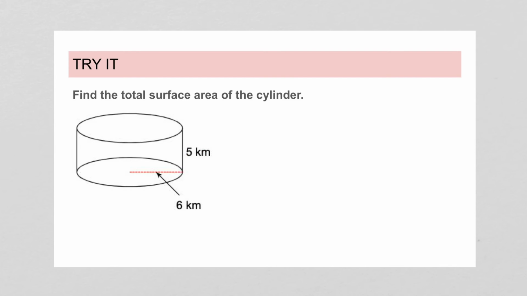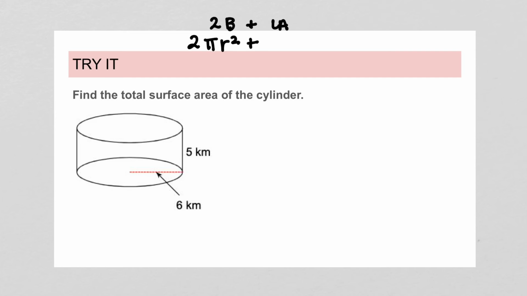So let's find the total surface area of this cylinder. For the sake of this, I know that my total surface area is going to be 2 of my bases plus my lateral area. The area of my base is a circle, found by pi r squared.